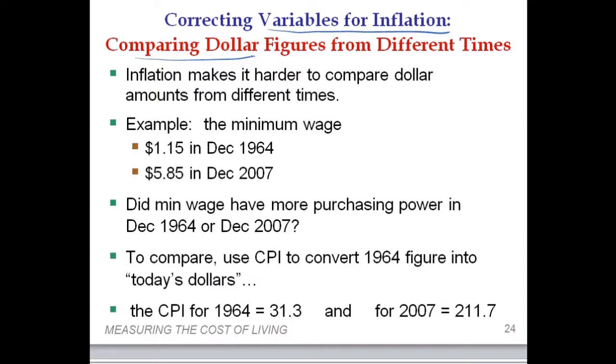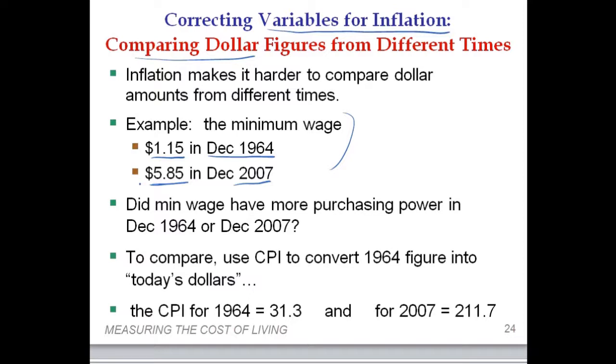In the following example, we will correct the inflation variables to know the purchasing power of any amount in the past versus its purchasing power today. In the example given here, the minimum wage in December of 1964 is $1.15, and in December of 2007, the minimum wage is $5.85.